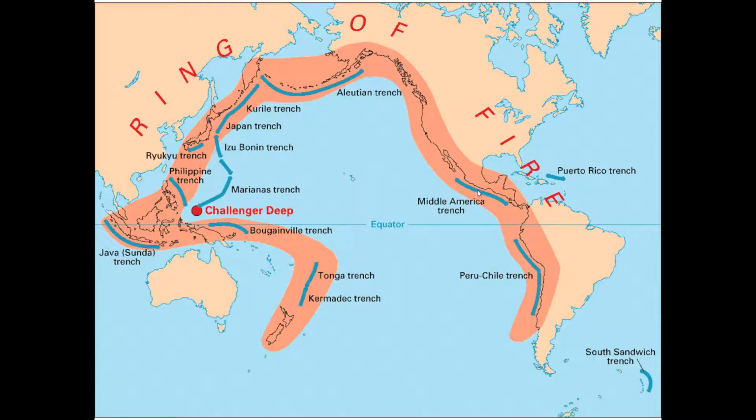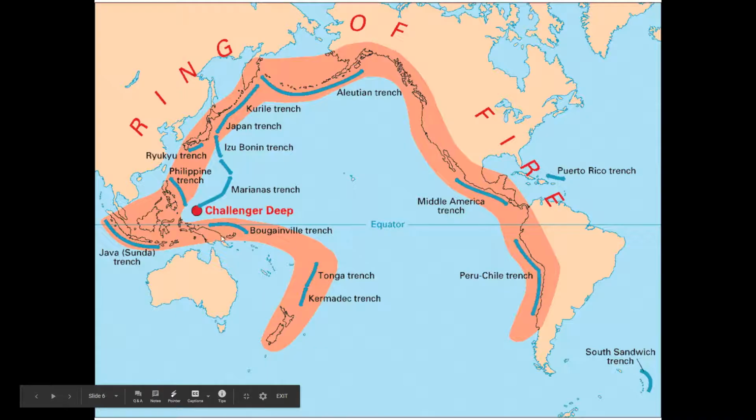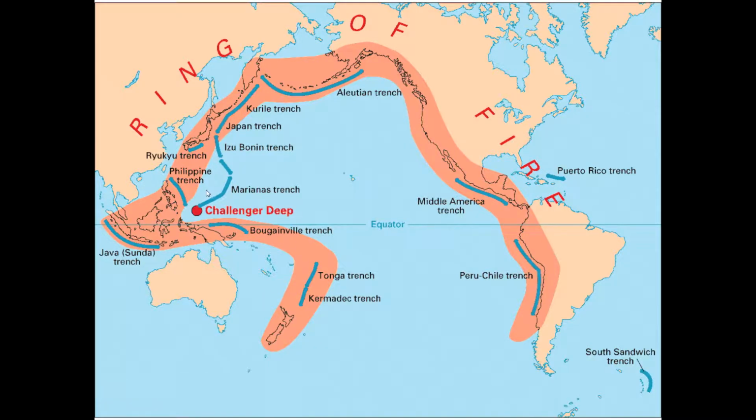These are active tectonic plates. There are a lot of earthquakes in California, of course, because of the Ring of Fire. And there are some trenches that are involved in this as well, and you can see those here. But yeah, this is the Ring of Fire. So the Ring of Fire circles the Pacific Ocean, and it has a lot of volcanoes.